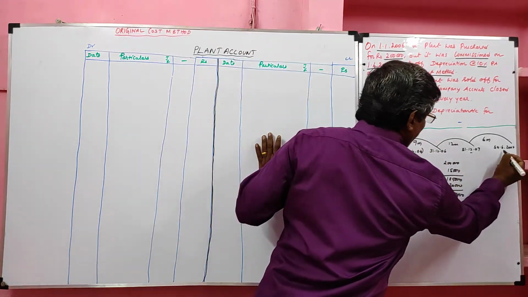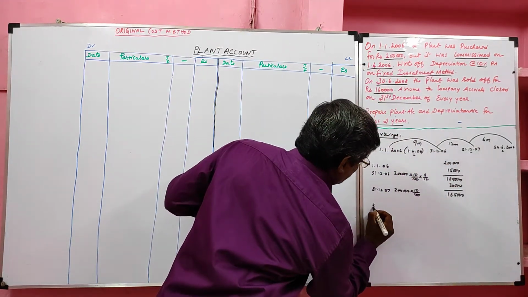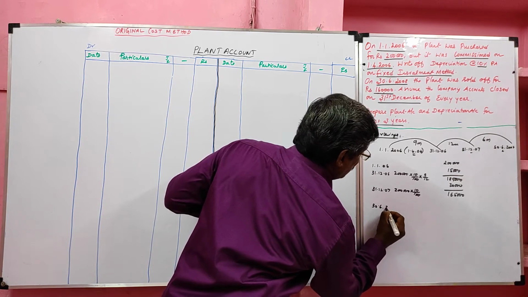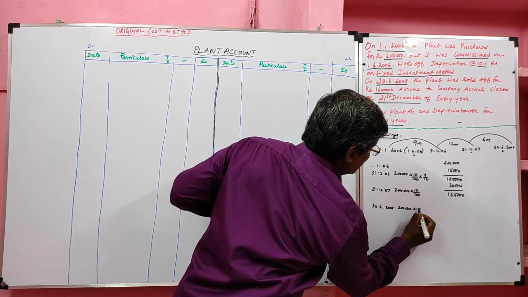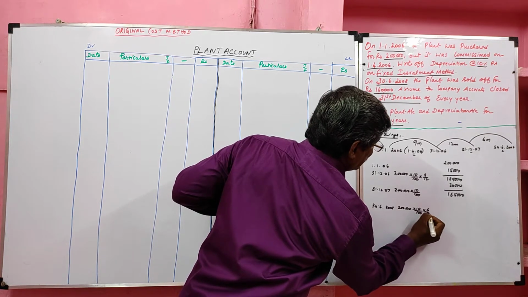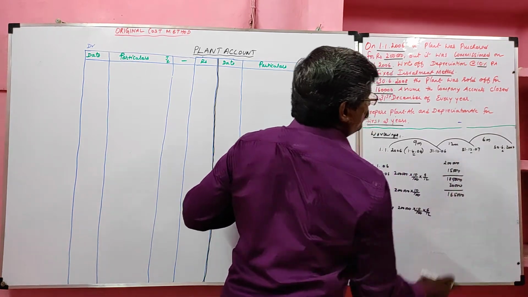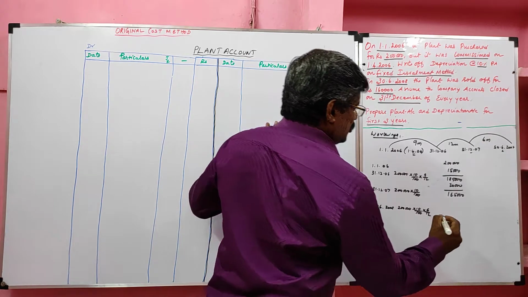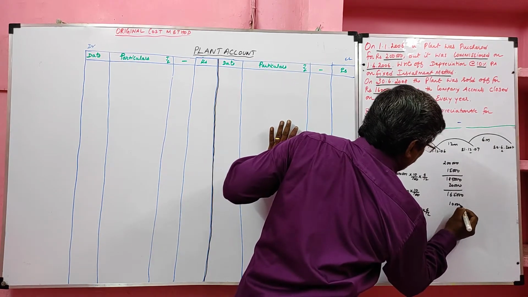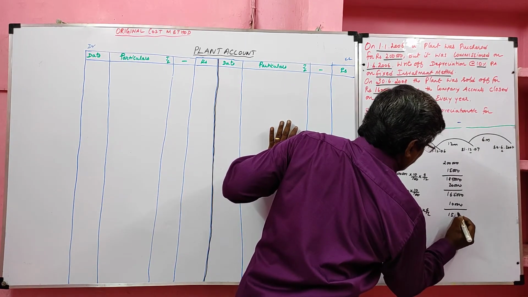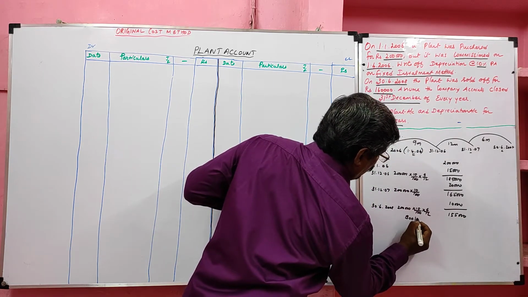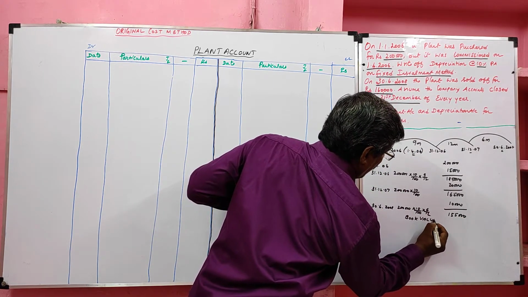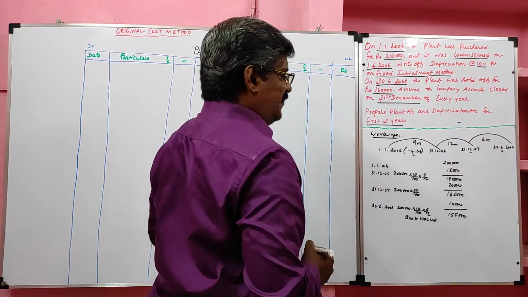Third year, we sold on 30th June 2008. We have to provide 6 months depreciation because in the third year we used it only for 6 months. So the depreciation value is 10,000. At the end of third year, the book value is 1,55,000.